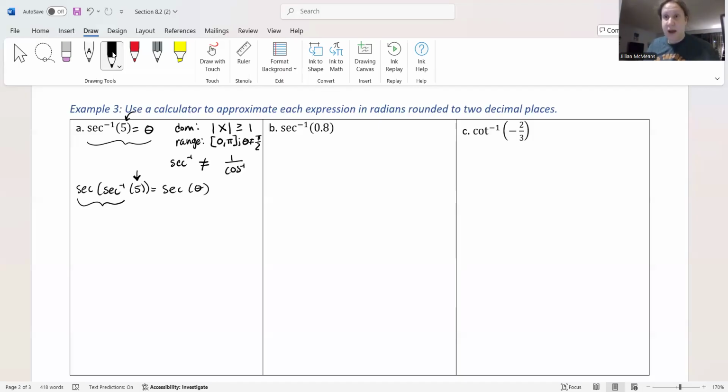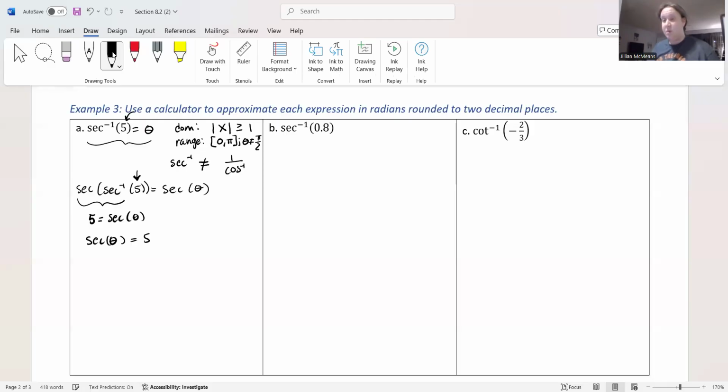Remember, we talked about that earlier in this section: if you take the inverse of a function and you compose it with the actual function, they undo each other as long as you're okay with the domain. So secant of inverse secant will just unravel, leaving us with just 5. And on the right-hand side, that leaves us with secant of theta. So I'm going to write it in a better order. We have secant of theta is now 5, and we like this.